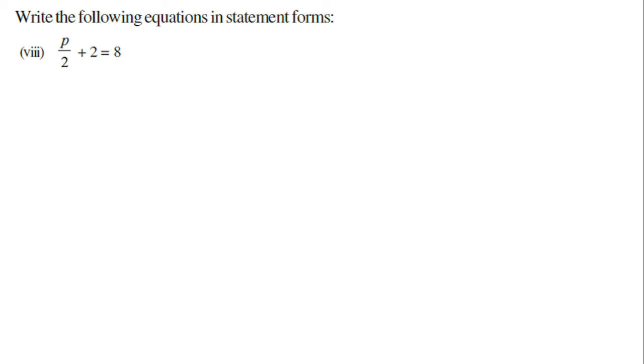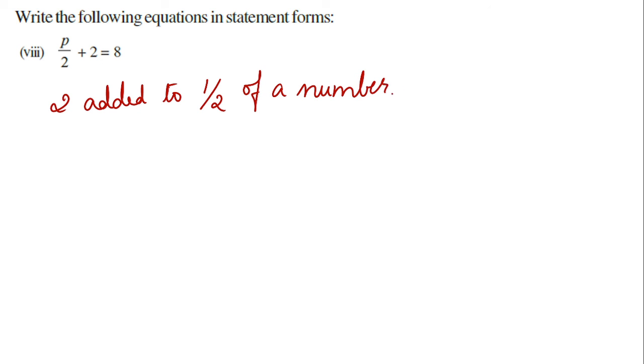The next is p divided by 2 plus 2 is equal to 8. So how can you write this in the statement form? 2 added to 1 by 2 of a number p gives 8. That's one way of writing it.